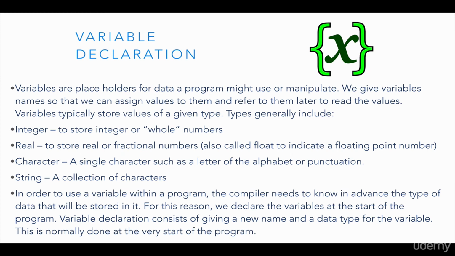So in Java, in order to actually create a variable, first we need to give our variable a data type. For example, an integer, a float, character, a string, double, okay? A data type first.